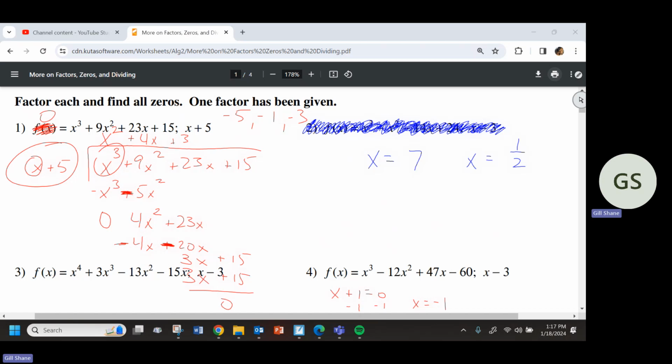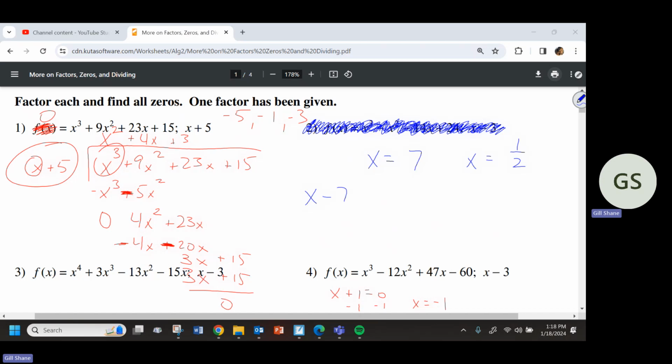So if I tell you to create the polynomial, that is the only other problem you're going to get Monday. And I tell you these are the zeros. The zeros come from the factors. That would be the step right before. So we got to come up with the factors. X minus 7.